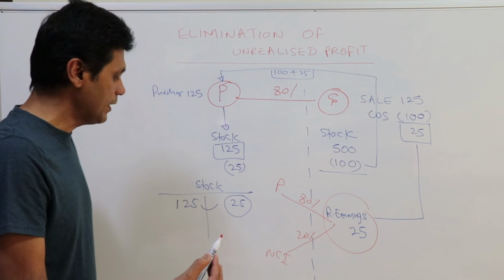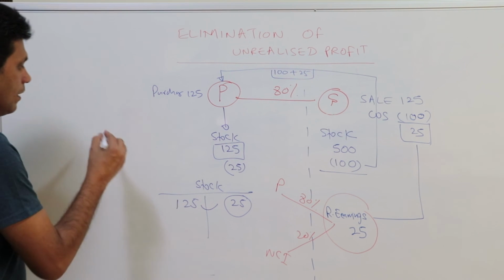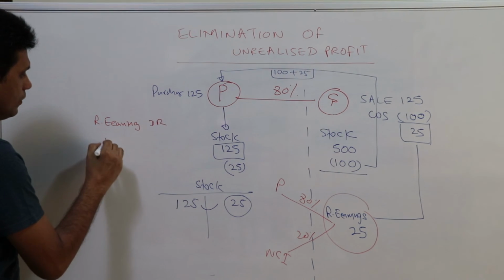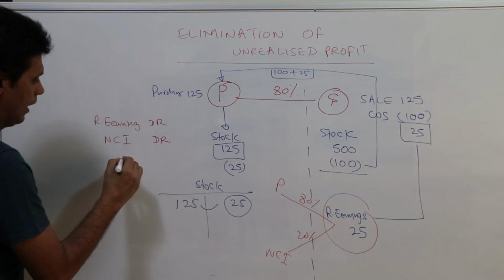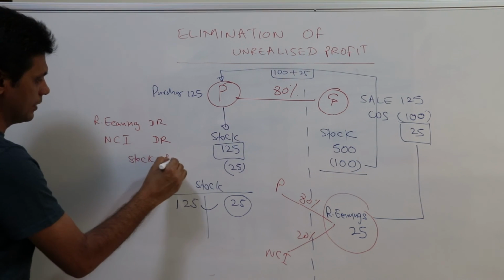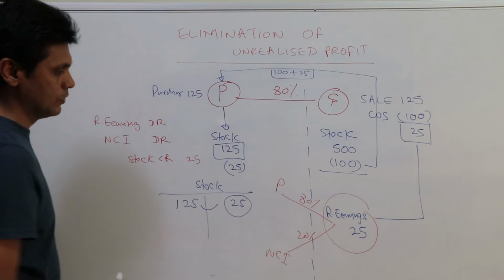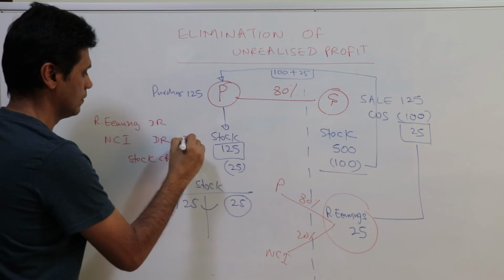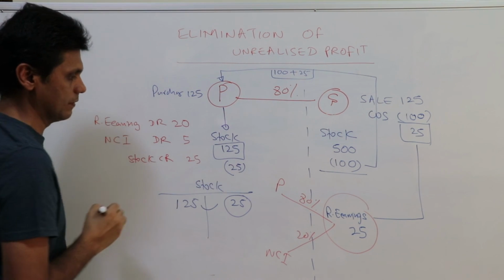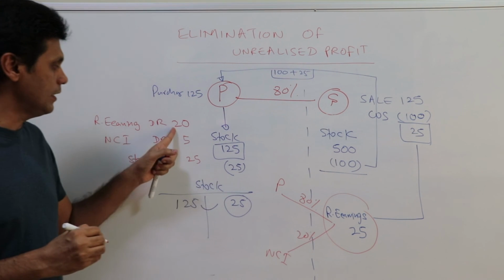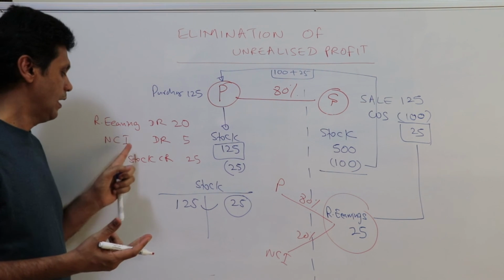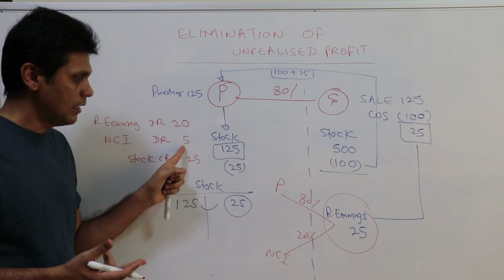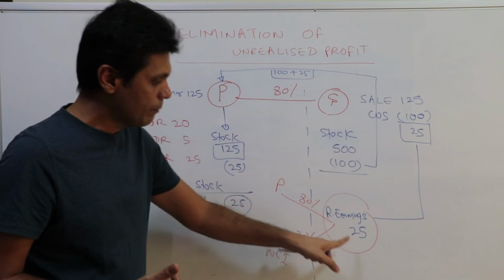So basically, the double entry will be: retained earnings debited, non-controlling interest also debited, and stock value credited by 25. 80% of 25 will be 20, which should be debited to the retained earnings, and NCI has to be debited with 5, because this profit is recorded by the subsidiary company.